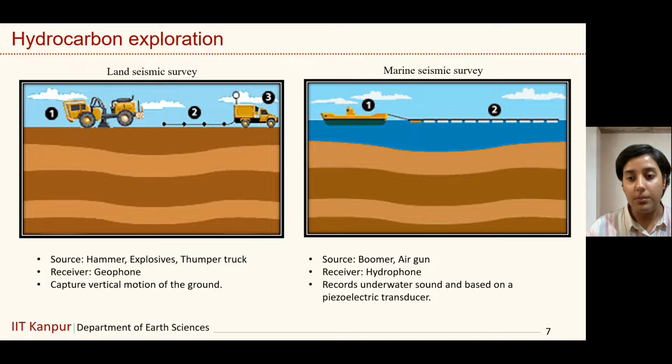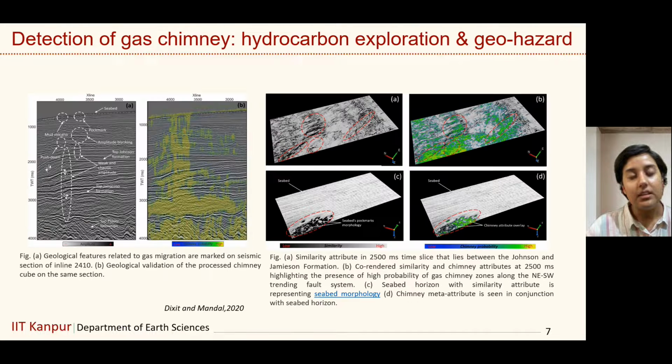And now moving further, let's see a few case studies of how we can utilize these techniques to address real problems. So first is the study, detection of gas chimney, and here the gas chimney acts as a hydrocarbon indicator and also acts as a geohazard.